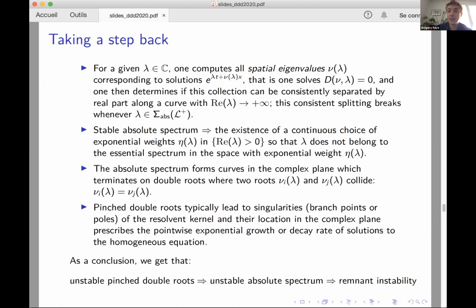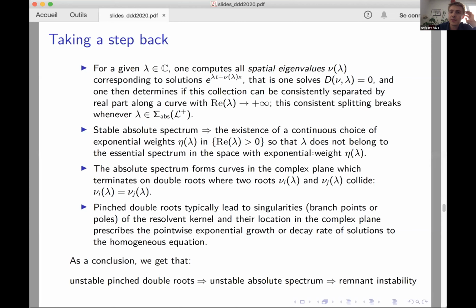Whenever we're not able to do that, when this consistent splitting breaks, then this means that lambda is an element of the absolute spectrum. So with that definition, we see that having stable absolute spectrum means that there exists a continuous choice of exponential weights so that lambda does not belong to the essential spectrum in that exponential weight.